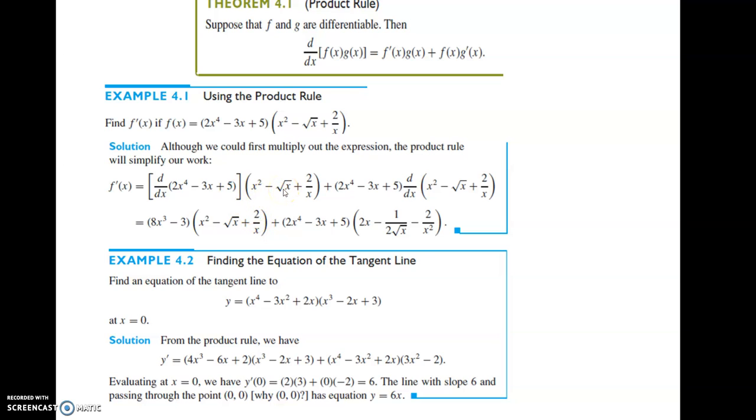Here the second function and this function are the same, only this function and this function change. There are 3 terms.